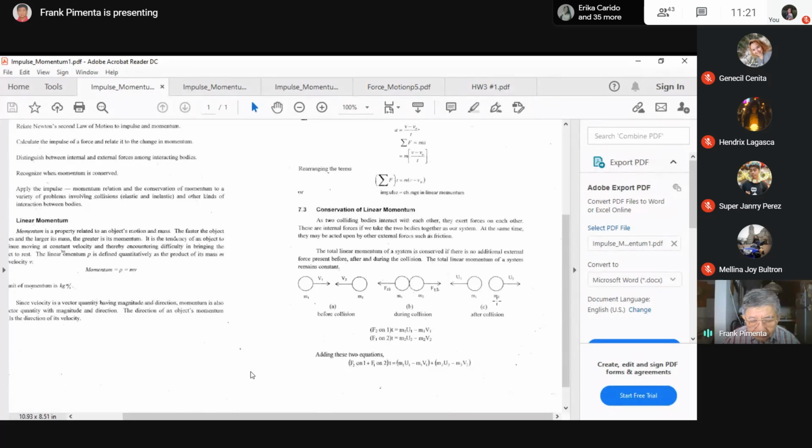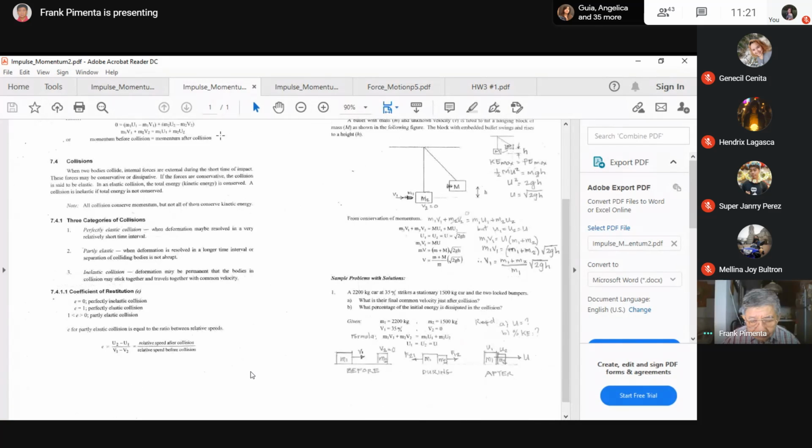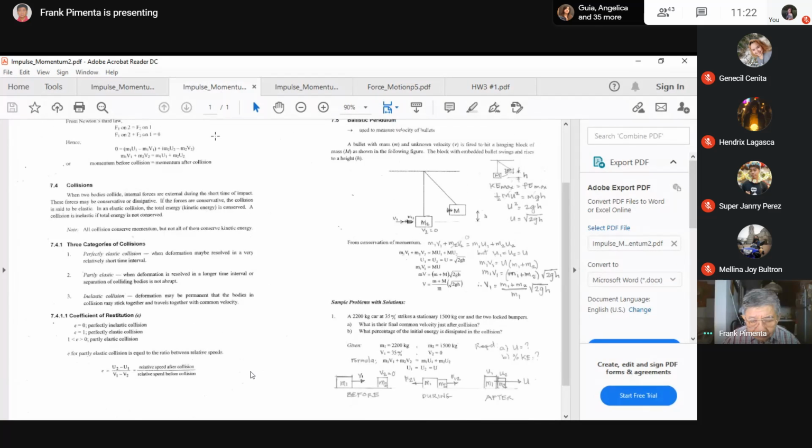That is the formula for conservation of momentum. Okay, this is very important, but easy to memorize. Momentum before collision equals momentum after collision.